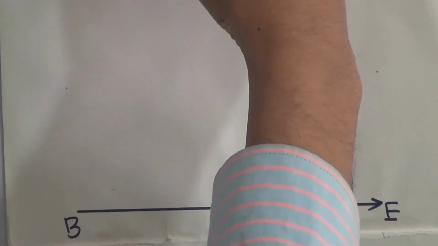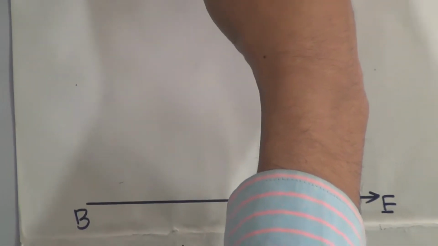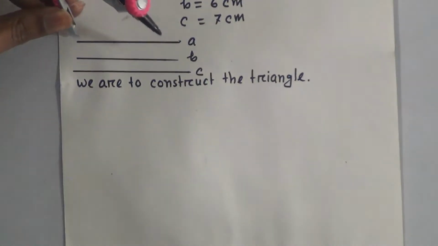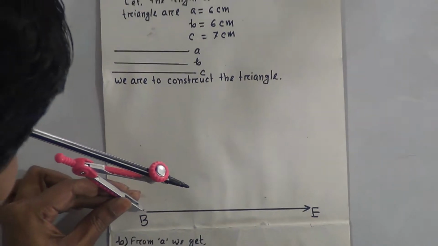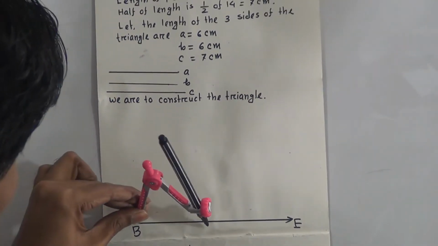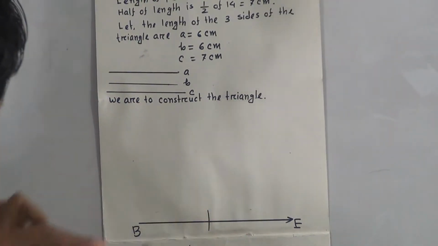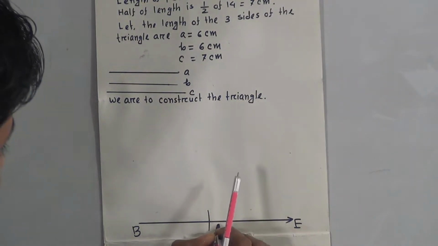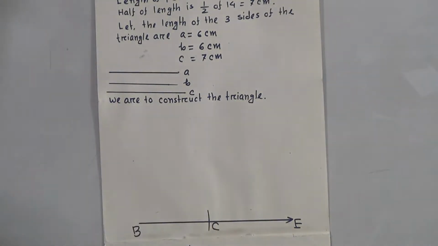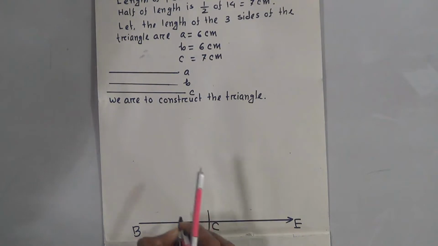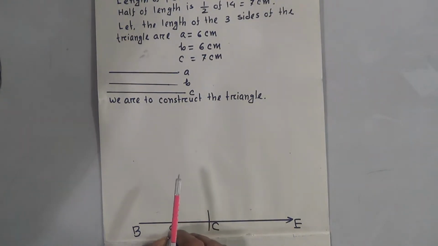Okay, then you see, look. Then from BE we cut BC. BC equal to what? 6 centimeter. Okay, I have written here A. A means what? A means 6 centimeter.